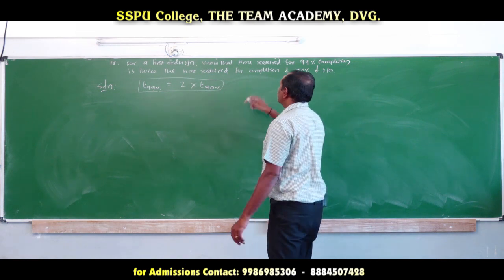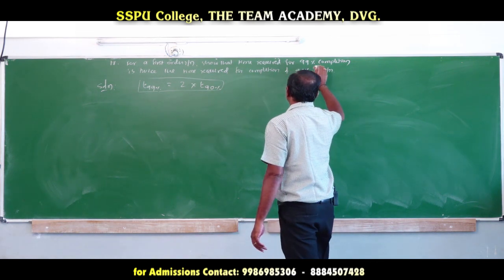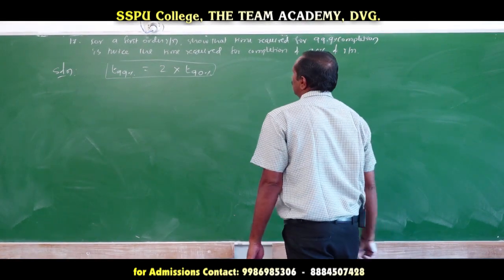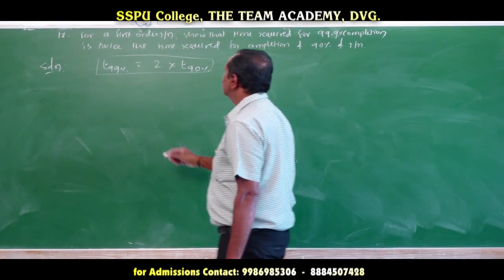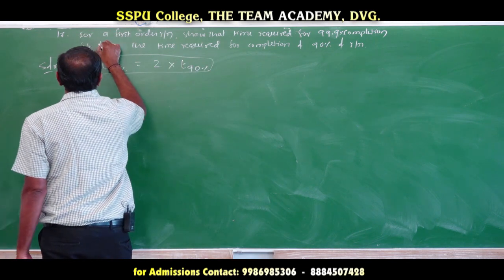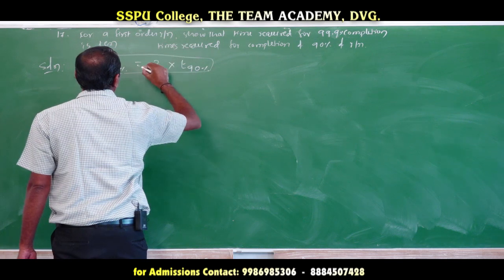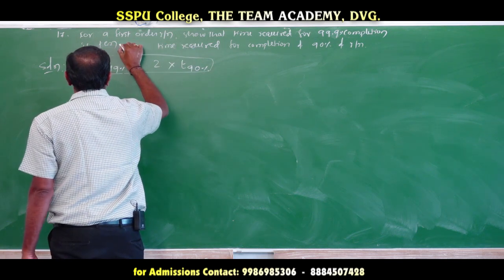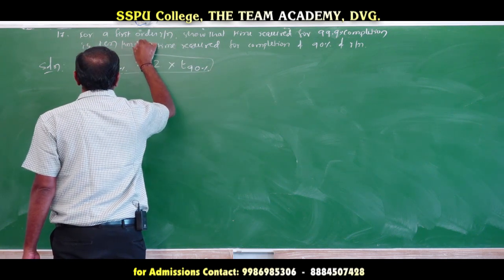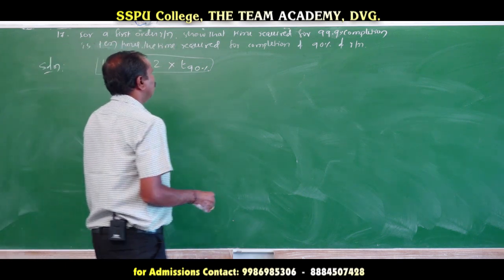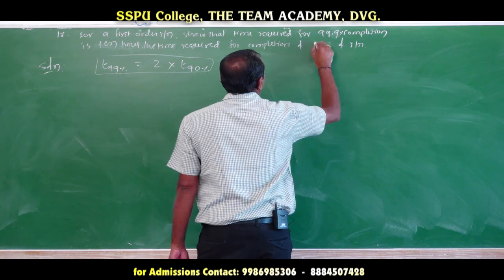For first order reaction, show that the time required for 99.9% conversion is 10 times the time required for completion of T50%.